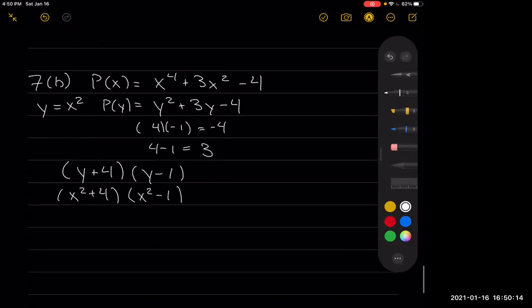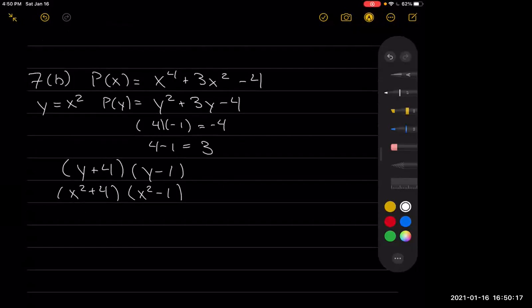And then when factoring these, you should remember from 116 that when you have something like x squared minus 1, this is x minus 1 times x plus 1. And then when you have something similar, when it's x squared plus a number squared, that means you'll have x plus 2i and x minus 2i.